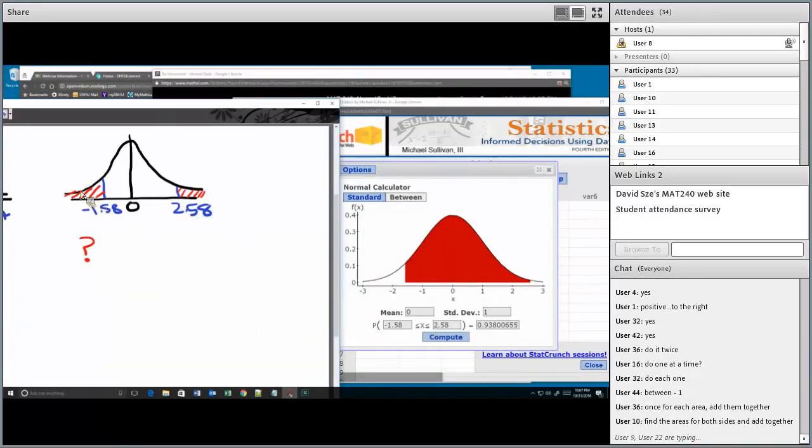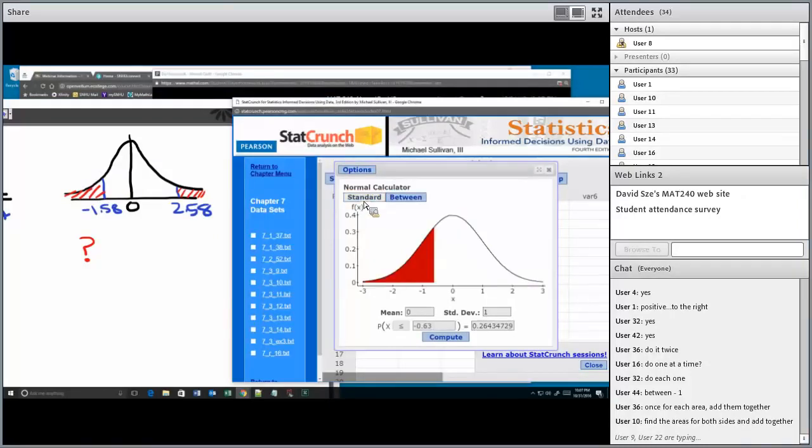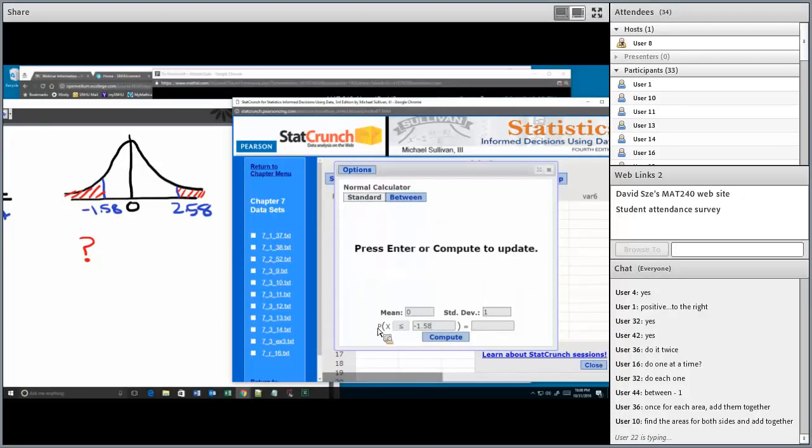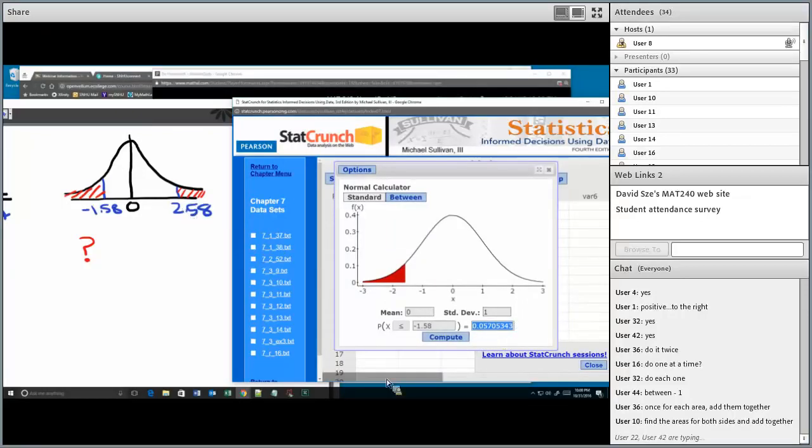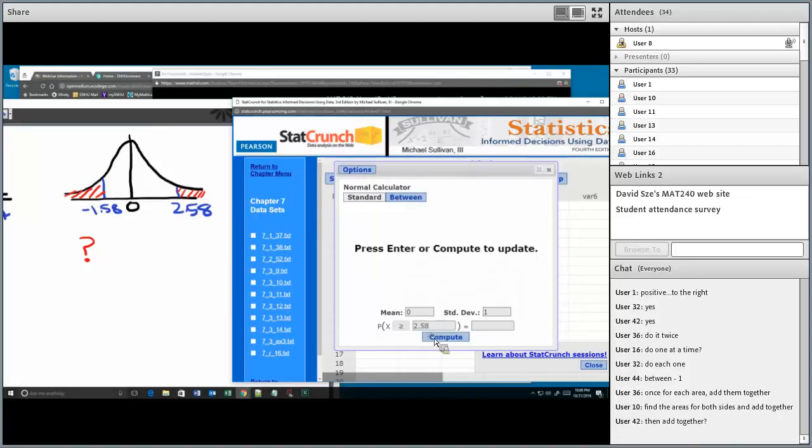We can first calculate this area. So we have to go back to the standard option. First we calculate z less than minus 1.58. We get this area. And then we now find z greater than 2.58. We find this area.